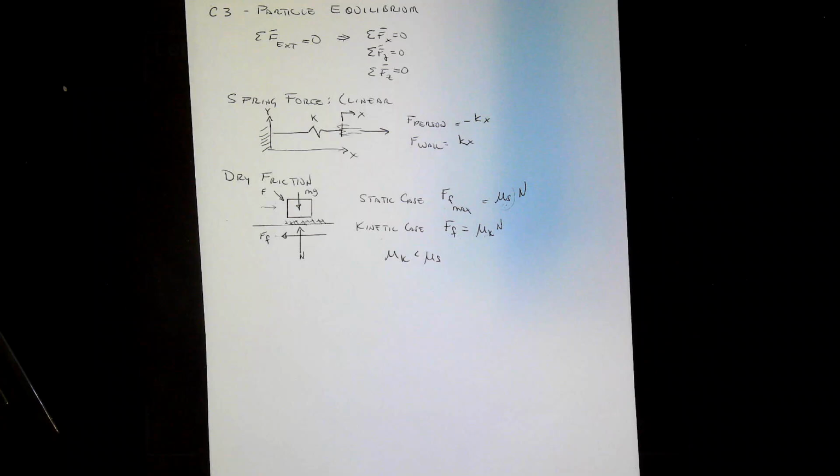It makes sense that μk is always going to be less than μs, because μs is the maximum it can be before it starts to slide. You can't suddenly have more friction once it starts to slide, because then it would stop. So it must be the case that μk is always less than μs. And there you have it.